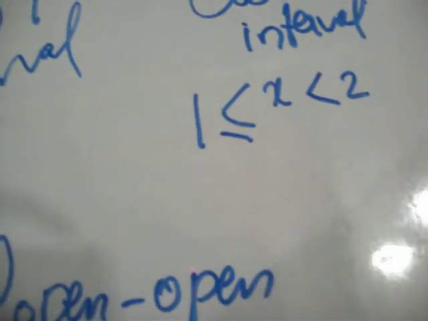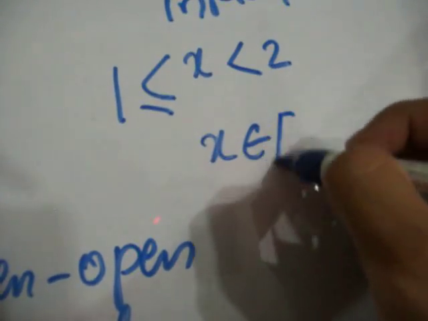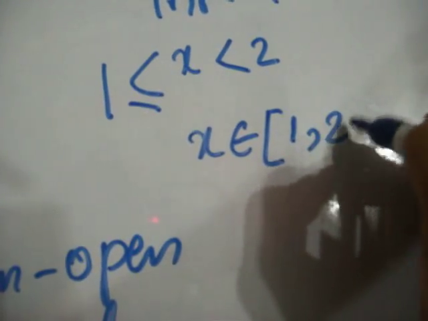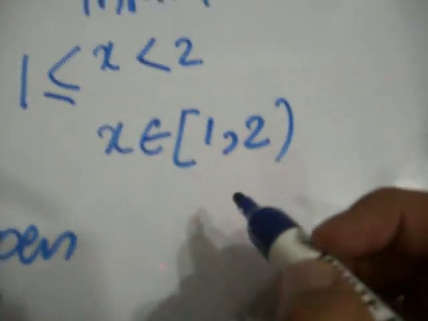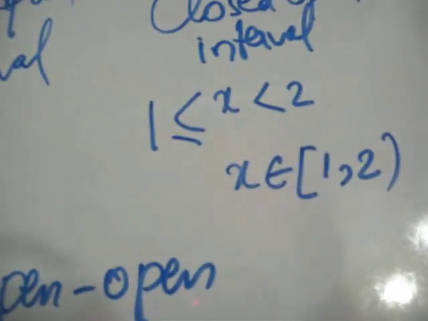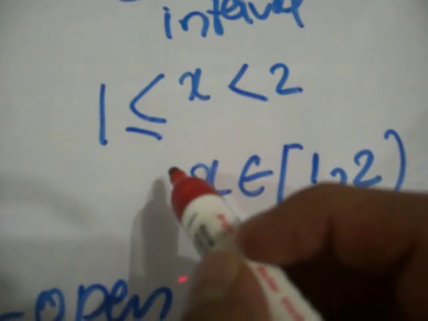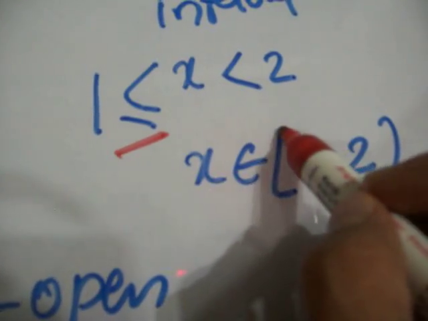In this one we write it as x belongs to [1, 2). Here we again see that this sign corresponds to this.